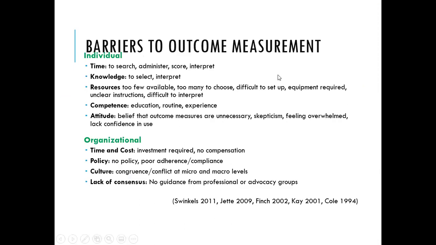There are certain barriers, and these barriers could be at the level of an individual or an organization. Barriers at the individual level could be time, knowledge, resources, competency, or attitude. In the case of organizational, it could be time and cost, policy, culture, or lack of consensus.